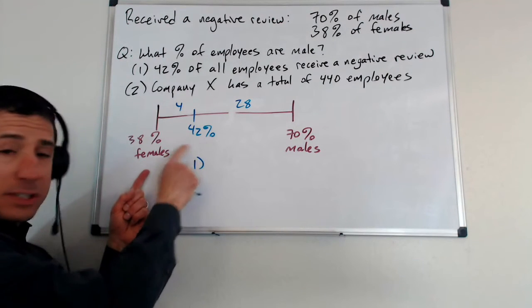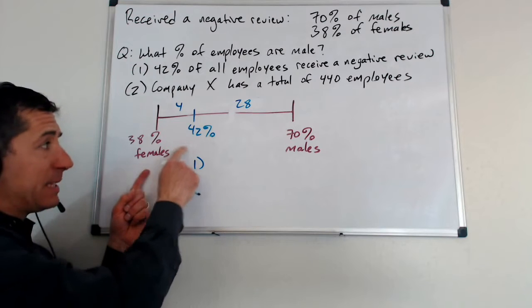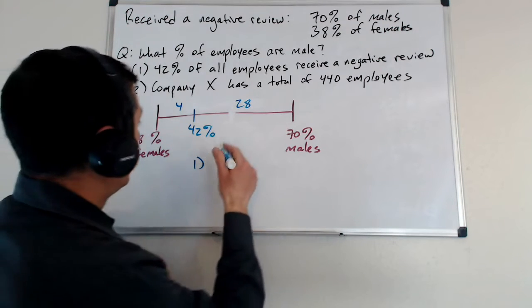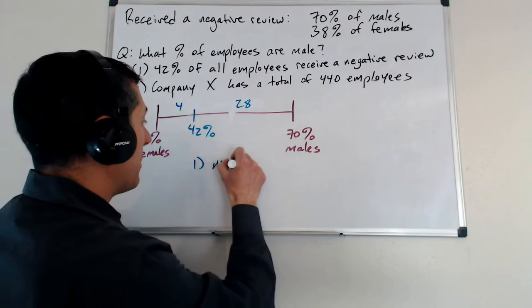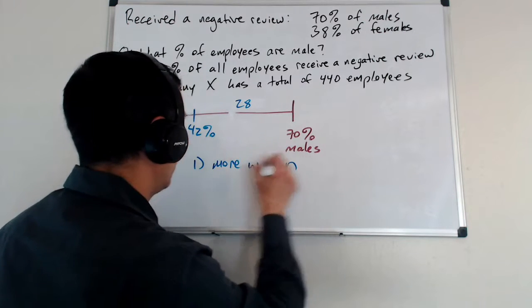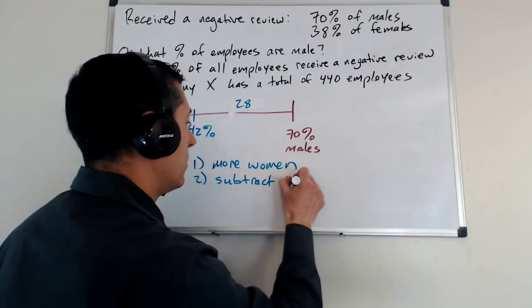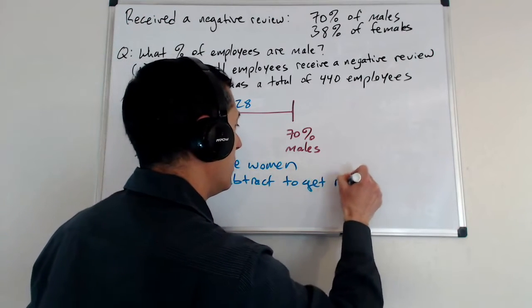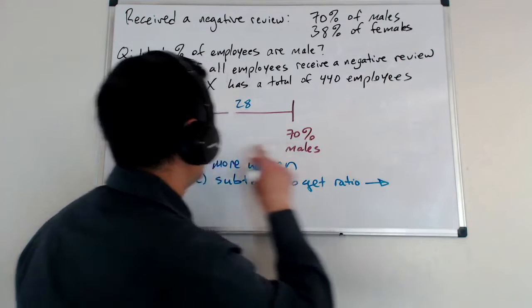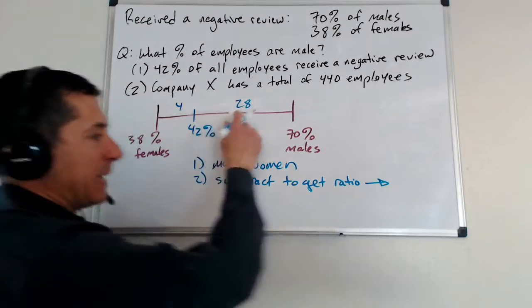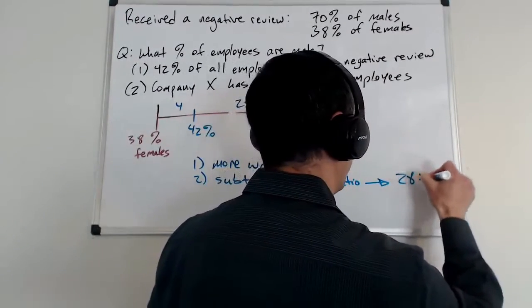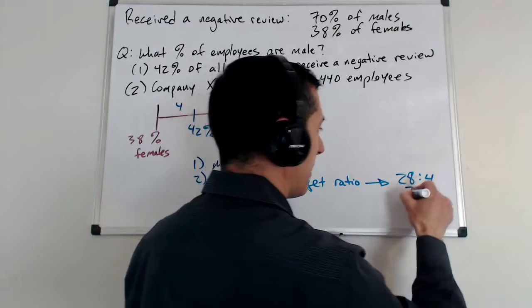If the weighted average is closer to the average for the women, it means I've got more women in this population. Then I can subtract here to get the ratio. And I know that my ratio of men to women here has to be 28 to 4, which I can reduce to 7 to 1.